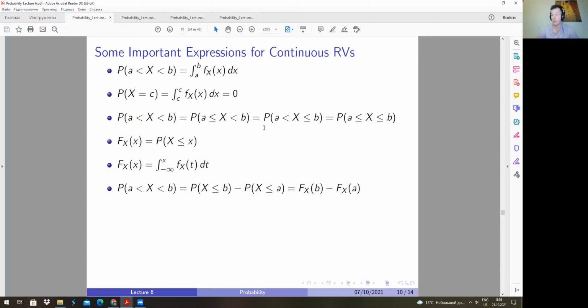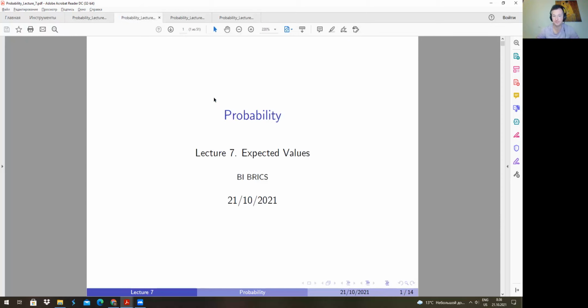Okay, then we move to the next topic, which is called expected values. So now we have some knowledge about random variables. We also know that there is an object which is called a probability distribution of a random variable.